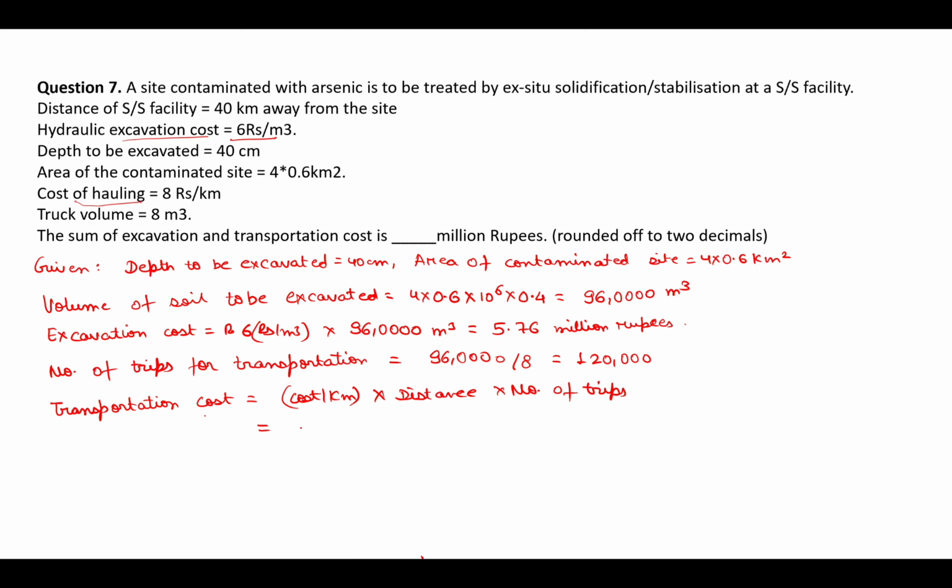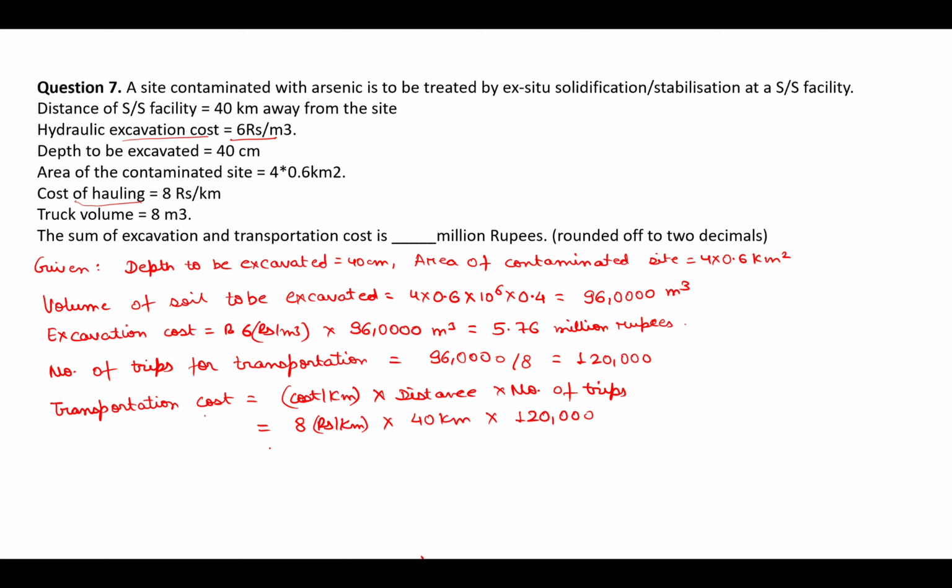So we have cost per kilometer as 8 rupees per kilometer. Distance is given as 40 kilometer and number of trips is this much. 1,20,000 trips are required.